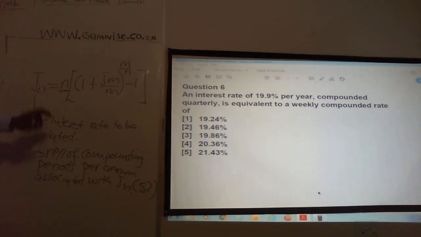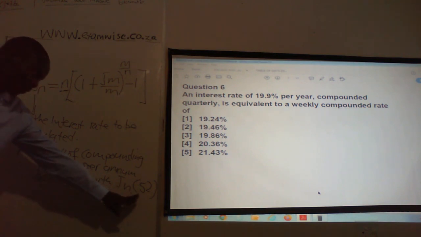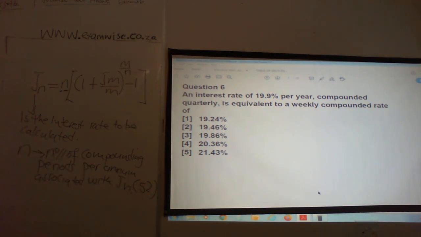So our n is the number of compounding periods per annum associated with Jn. In this case, we have 52, which is our n, and then from there we have our Jm.